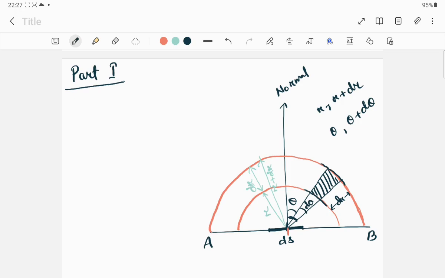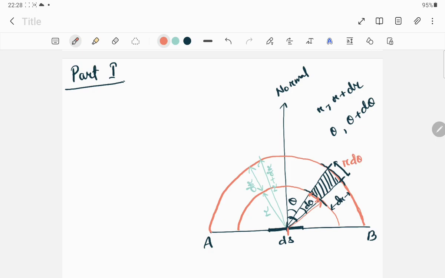Now if I consider this portion, if I consider the concept of arc length, since this is r and this is d theta, this is called r d theta.